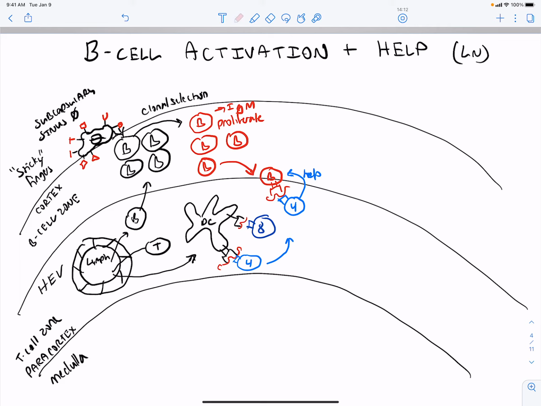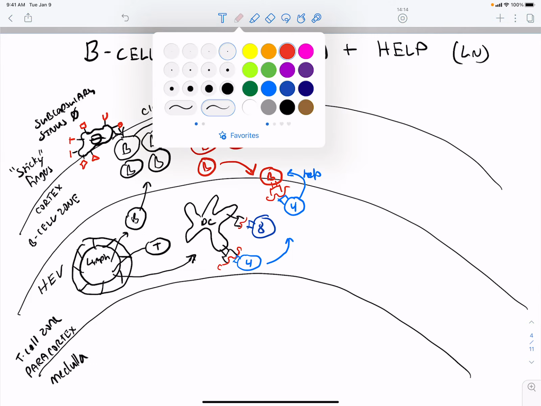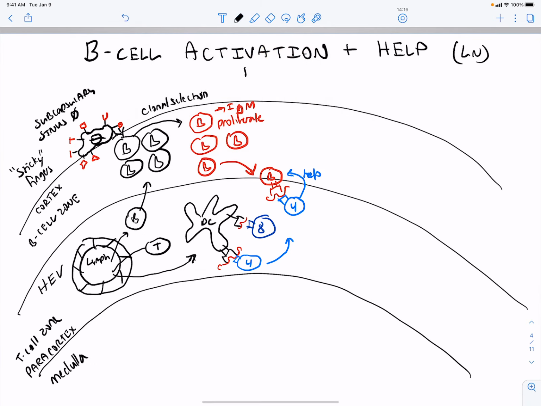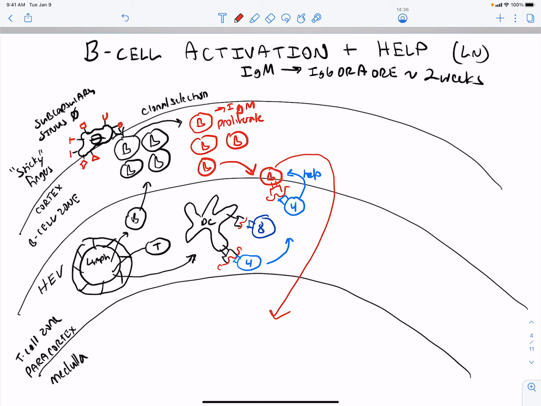But to go from IgM to IgG or A or E takes about 2 weeks. So it's a long time. So basically what's happening is this B cell is now going to migrate to the medulla. And this is going to be the primary focus. And the B cell in the medulla is going to divide and replicate.